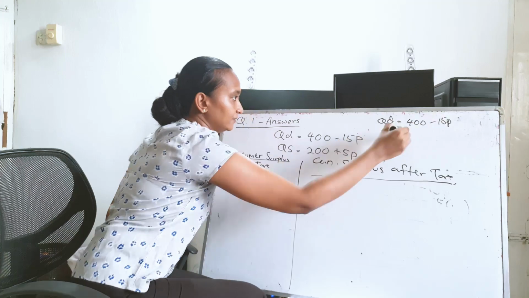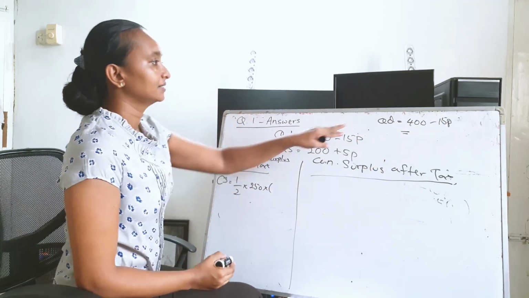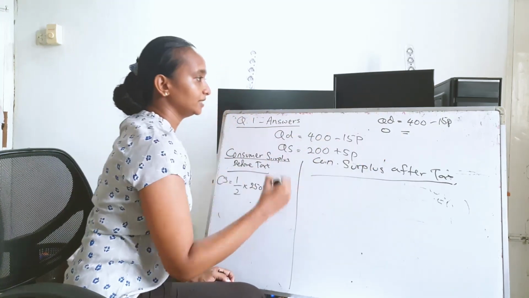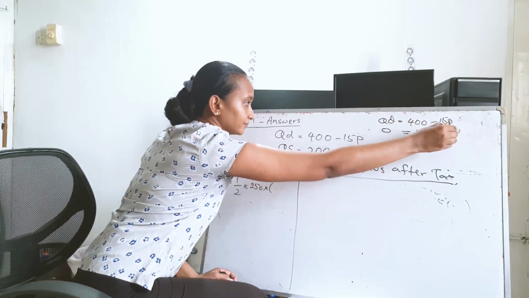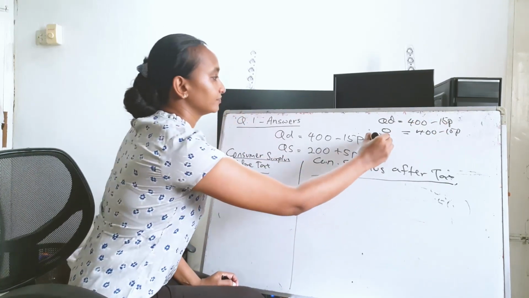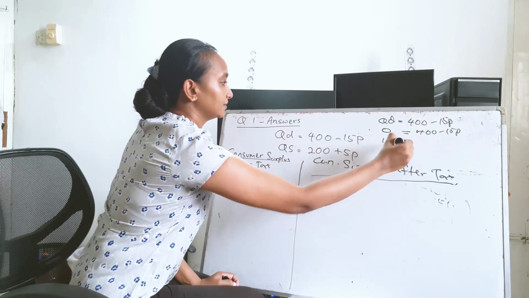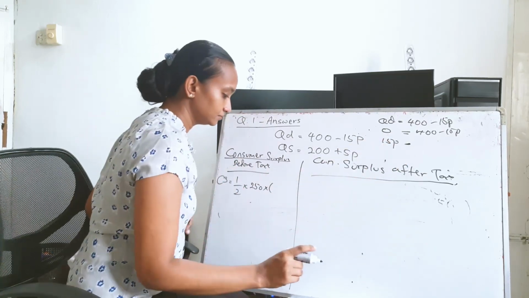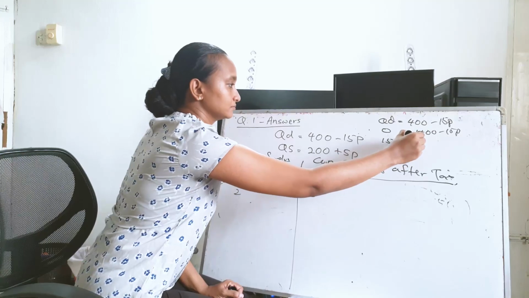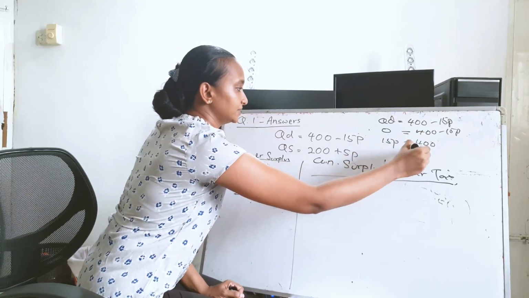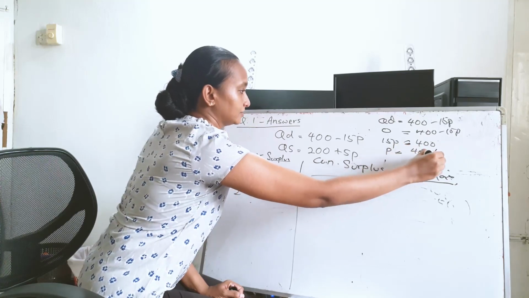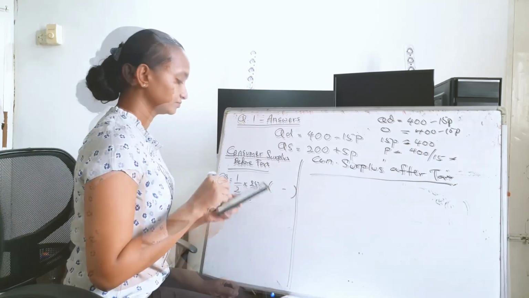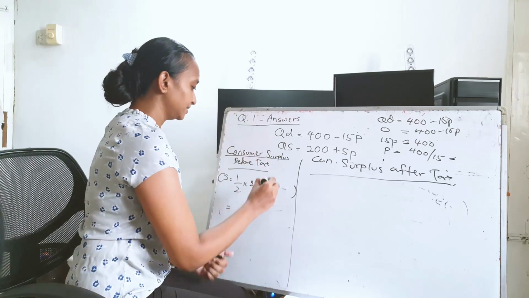QD is 400 minus 15p, so when QD equals 0, how much would the price be? 400 divided by 15 is 26.6.